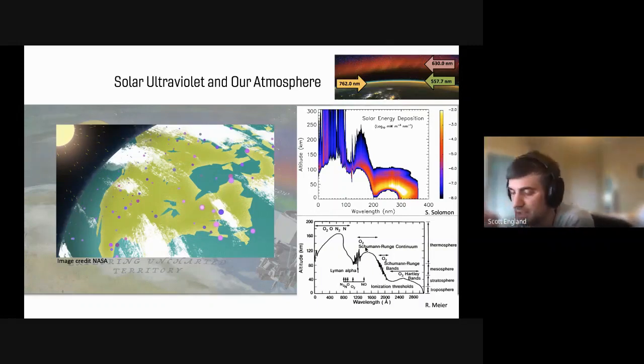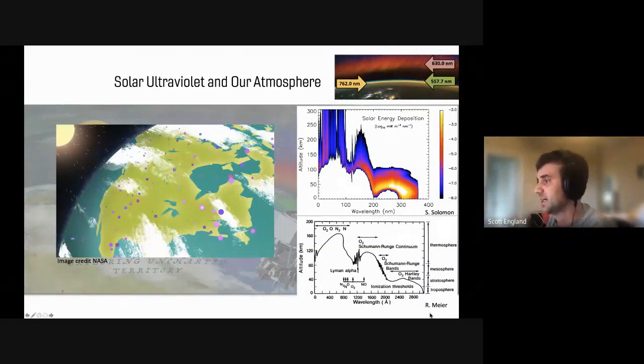They exceed the ionization thresholds marked in this bottom panel. So if I hit an oxygen atom with something at 30 nanometers, it doesn't just absorb it, it breaks that oxygen atom apart and ionizes it.